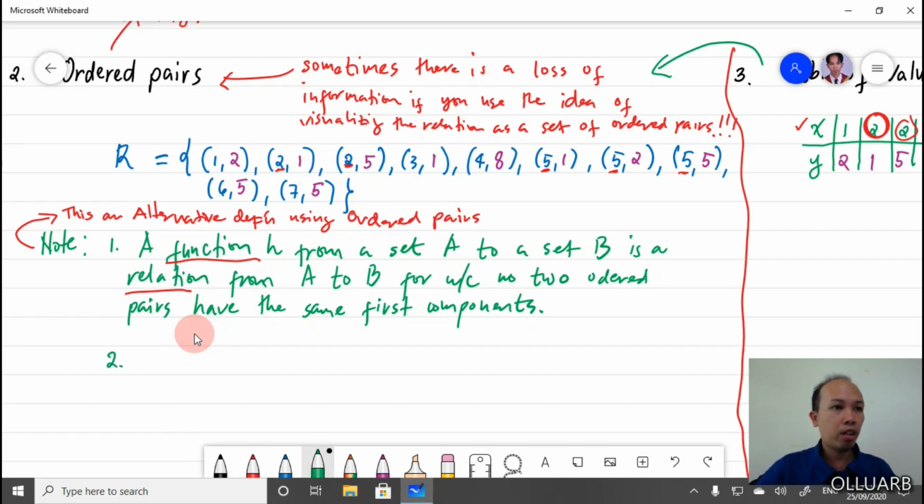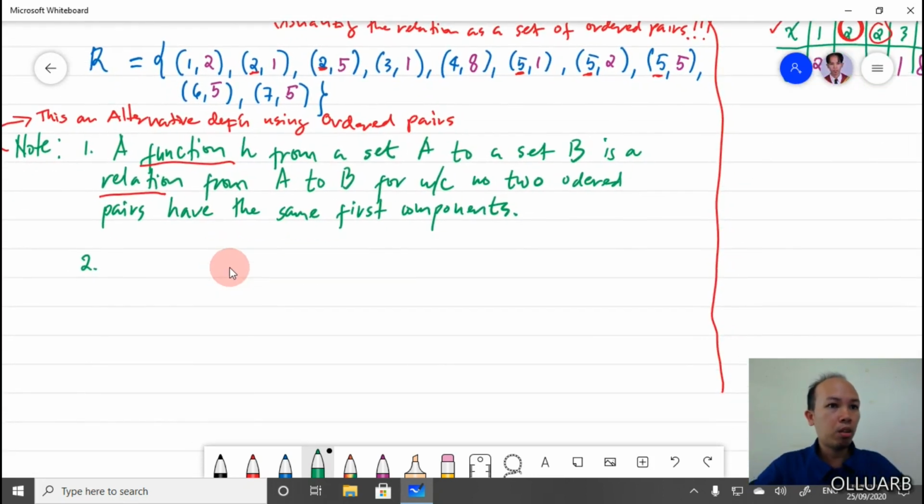I already defined the function using ordered pairs. I also want to define relation using ordered pairs. Okay, a relation, let's color blue.